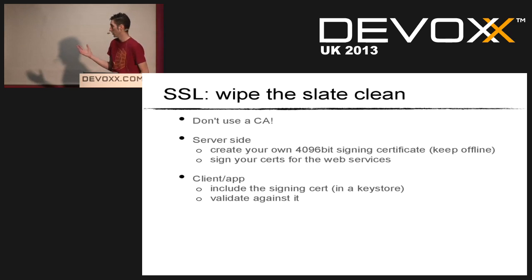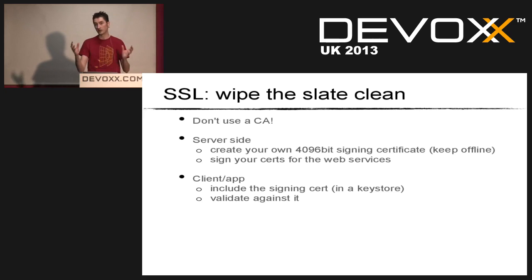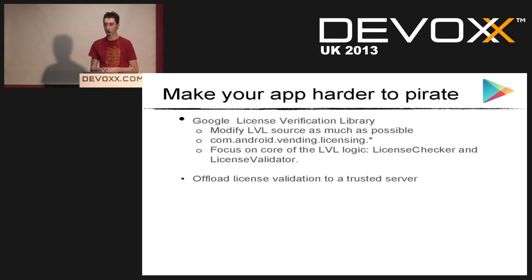So on the server side, you'd create your own certificate, sign the certificates for your web service, and then you'd include the certificate in a key store in the app, and the app would then verify against those. So it's effectively similar to pinning, but you take certificate authorities out of the equation.